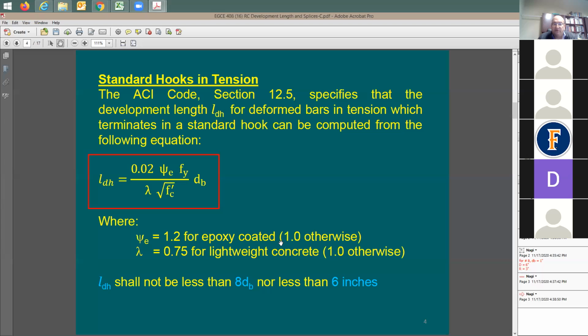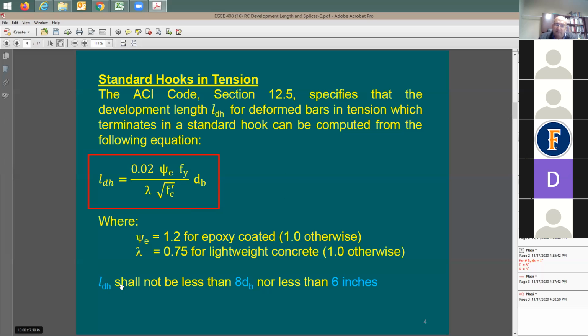I don't have two values here, 1.2, 1.5, and 1. In this case, it's going to be only 1.2, regardless of the spacing. Then F sub Y, steel strength, F prime C, concrete strength, lambda, the lightweight factor, and dB is giving you the bar diameter.